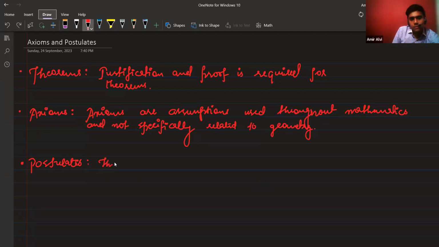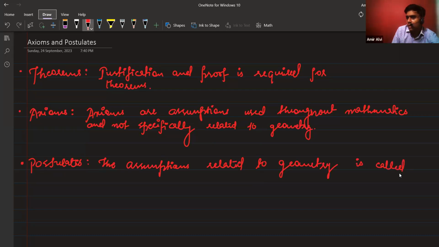The assumptions related to geometry are called postulates.